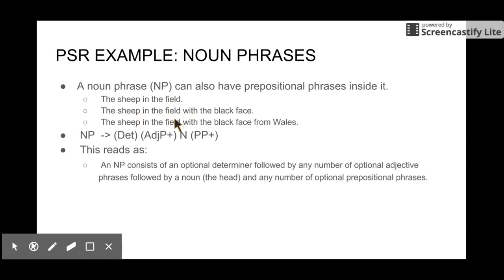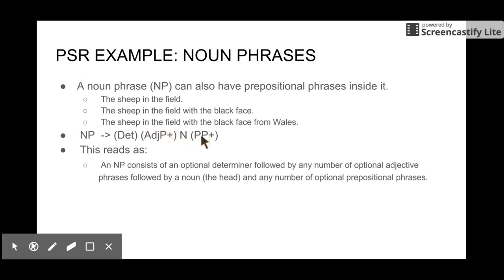The sheep in the field, the first prepositional phrase, with the black face, is another prepositional phrase. And also we can have more than two actually. The sheep in the field with the black face, from Wales, right?